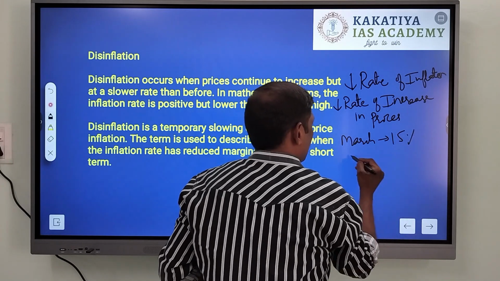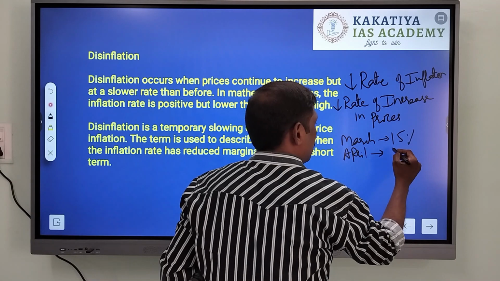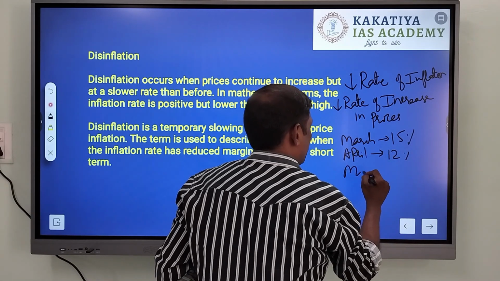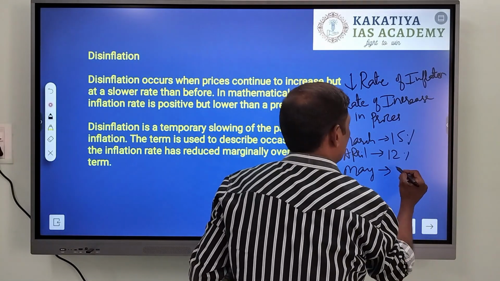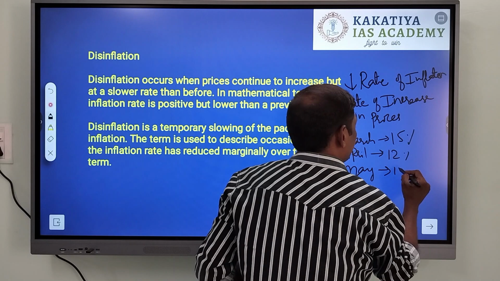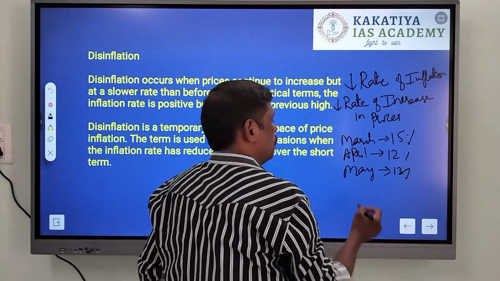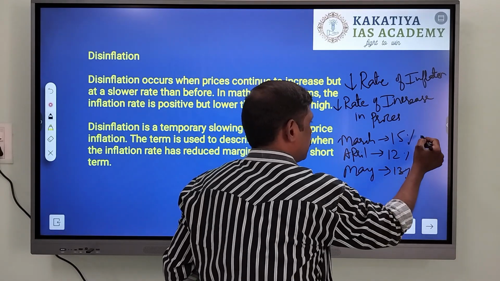In April, think that the inflation has come down to 12%. In May, the rate of inflation has gone to say 13%.